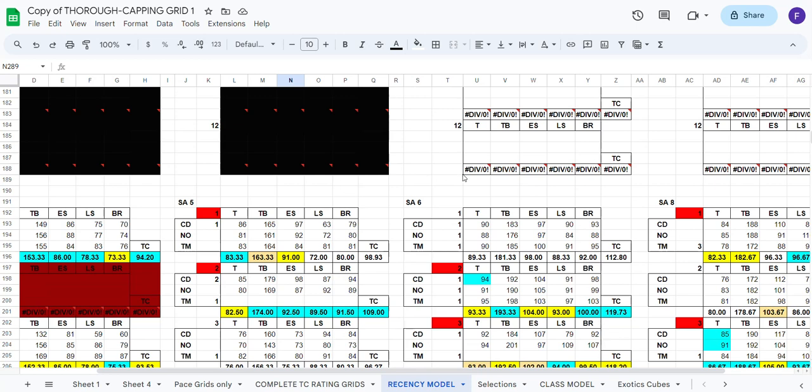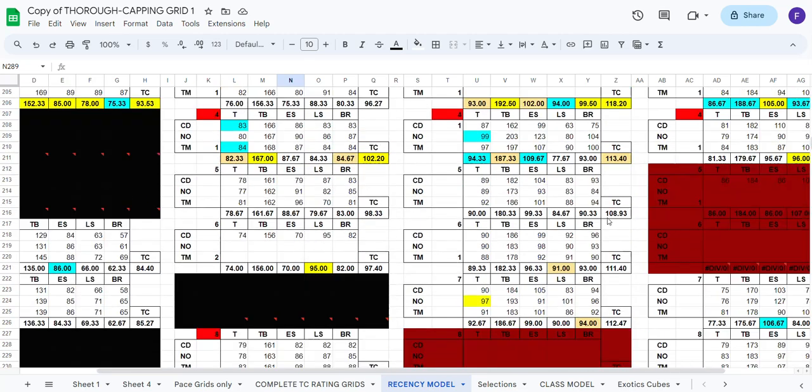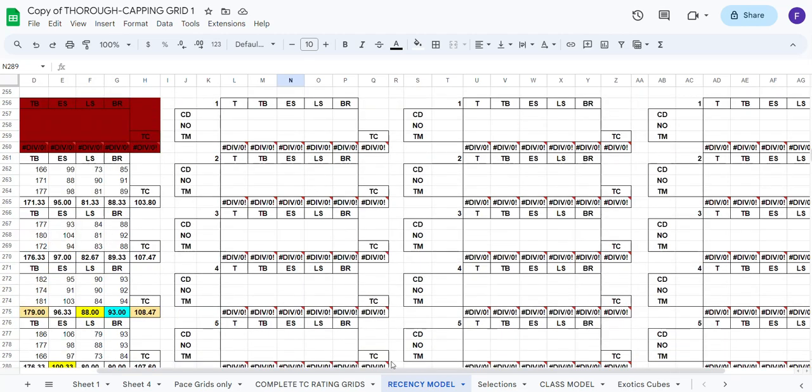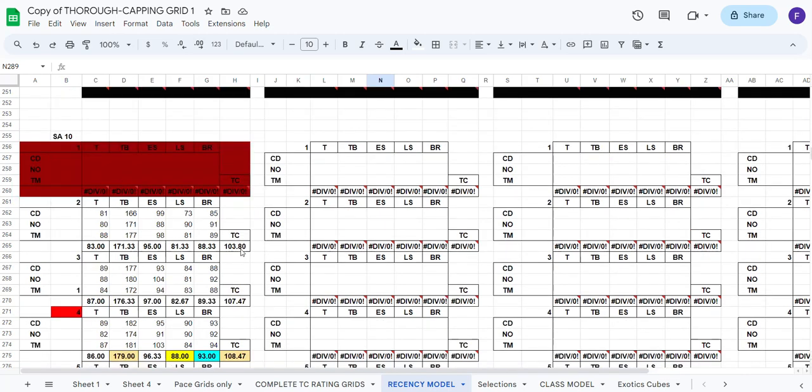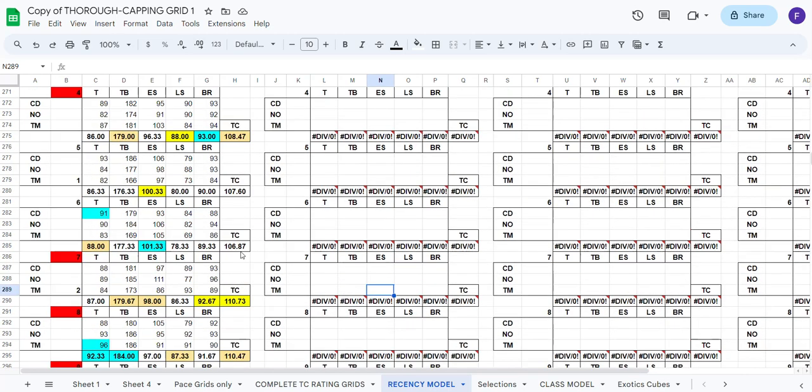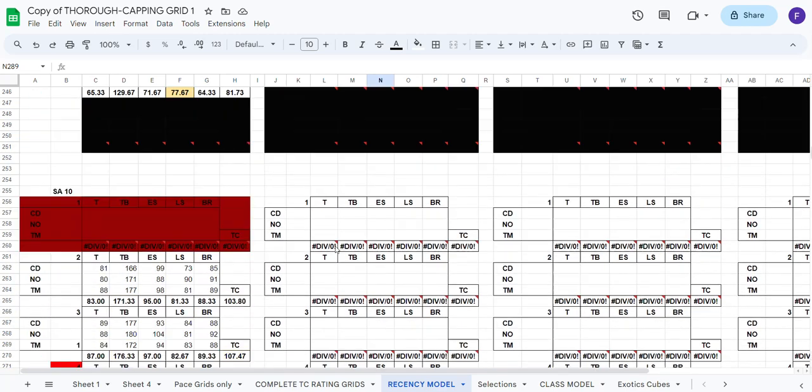Now, I found out something interesting here using this method. Using the Recency model, race number 6, race number 8, and race number 10 are all stakes races. And if you look, every horse has a TC rating of over 100 here.